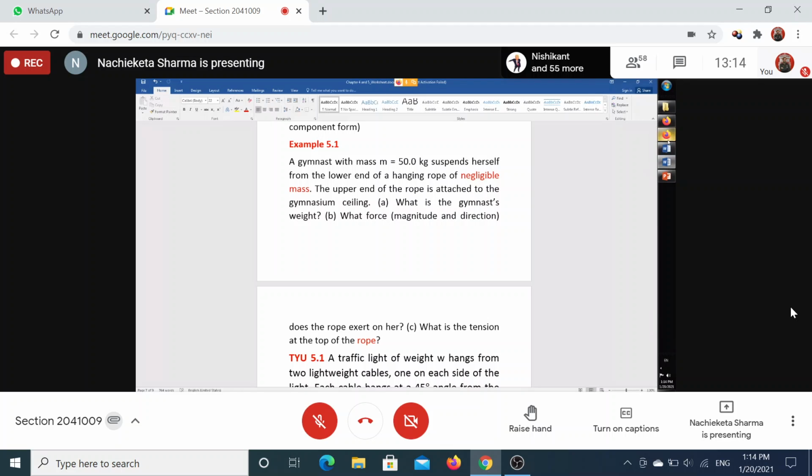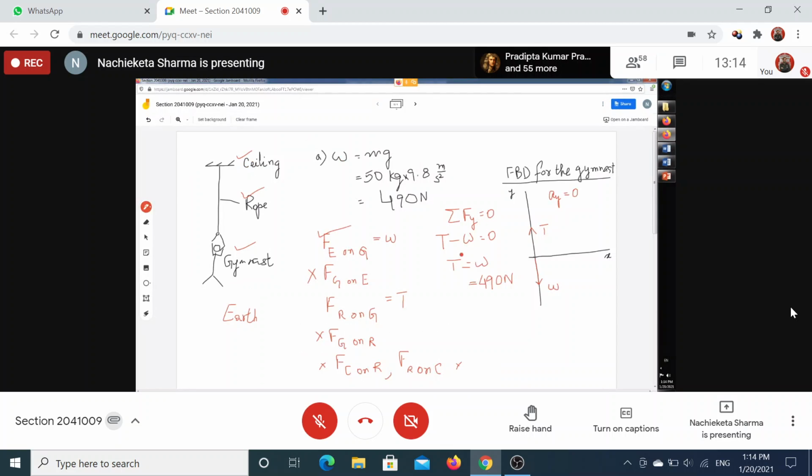Okay, so now who is important for you in order to find the tension at the top of the rope? Gymnast important, earth important, rope important, or ceiling important? The rope, because you have to find the force on the rope.